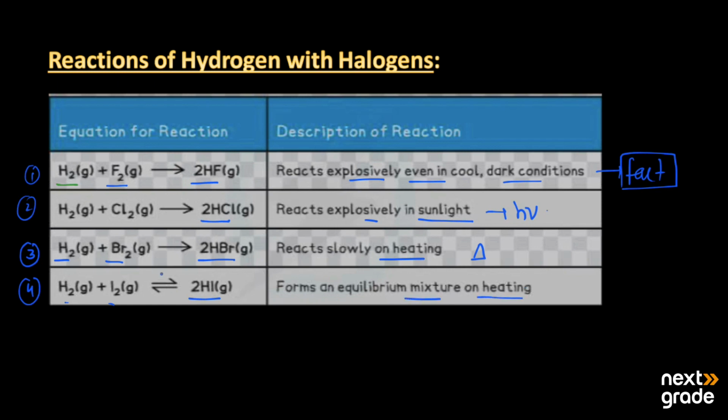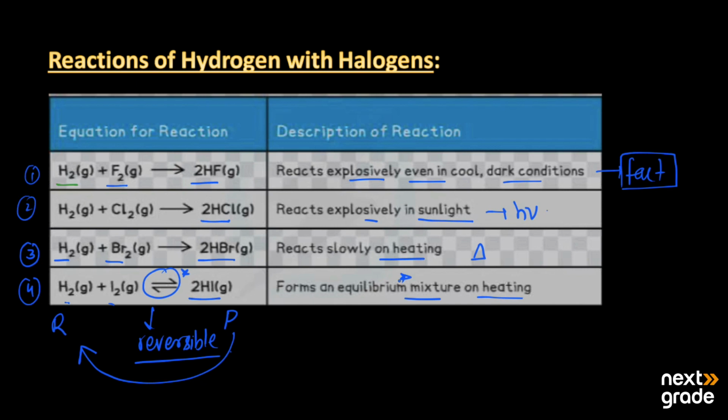This means the reaction is reversible. A reversible reaction is one in which the reactants can be converted into products and these products can be reconverted into the reactants. The reaction between hydrogen and iodine is a reversible type that happens at an equilibrium state.